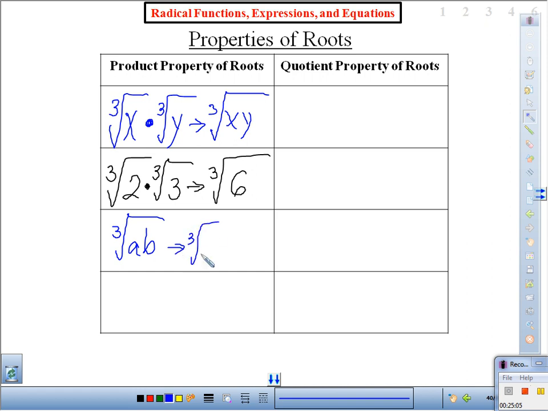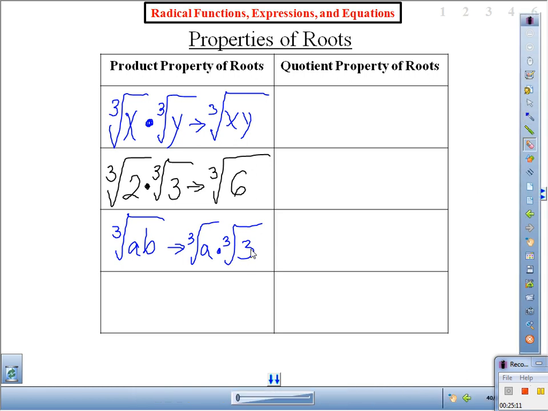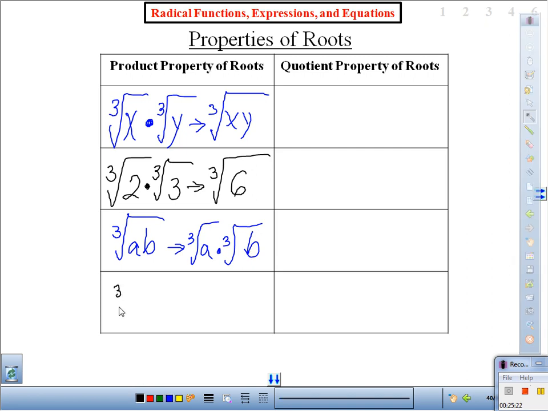Cube root of A times cube root of B. Oh, sorry, B. I did that to see if you're paying attention. And of course, with numbers, cube root of 6.